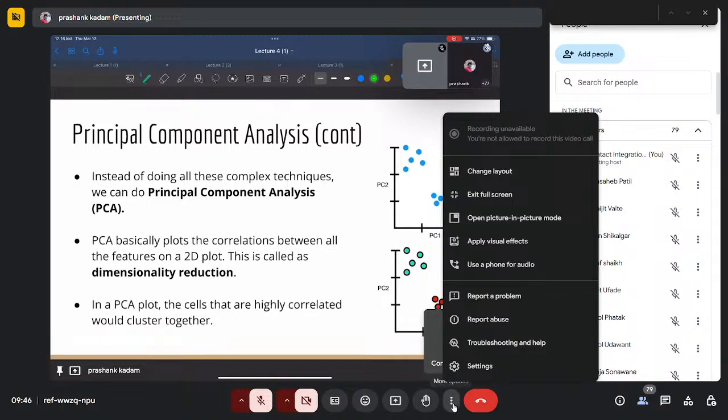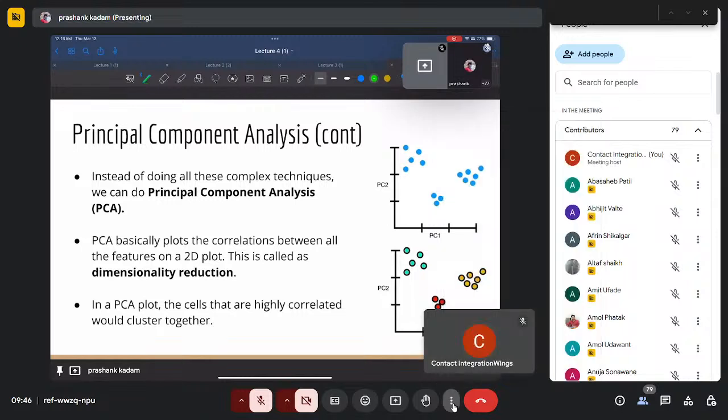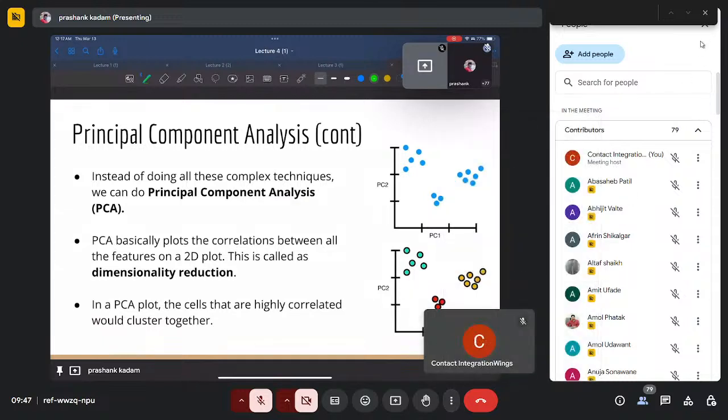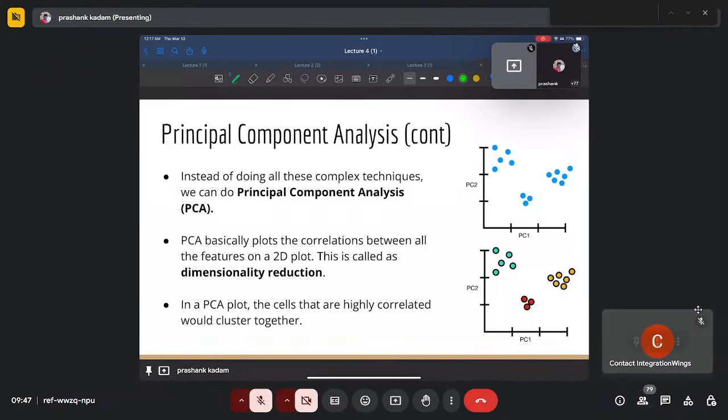So there will be some information loss, of course, because you are projecting from a higher dimension to a lower dimension, but still that gives you a very good rough idea of how your data can be clustered and visualized in a lower dimension, right? So that is what principal component analysis is all about.